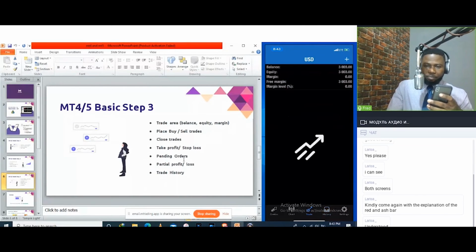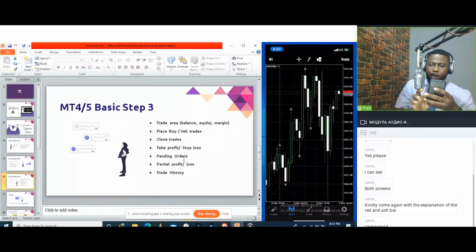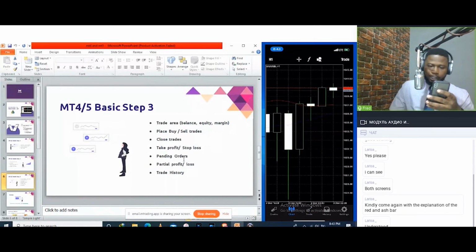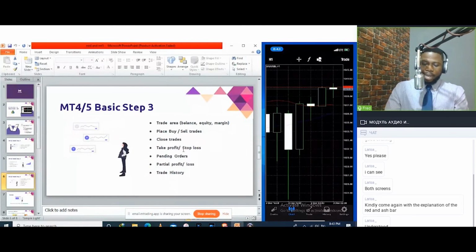So we have 4 pending orders in the MT4 application. When do we use pending orders? So let's use the first one, the buy stop. Okay.